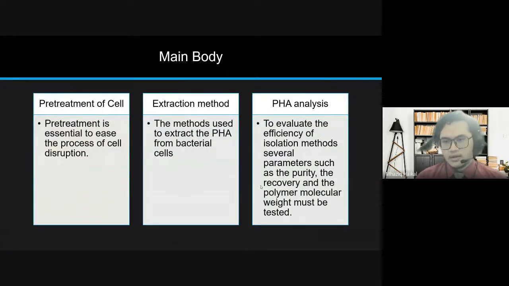Then there is the analysis of the PHA that we have extracted, which is required to evaluate the efficiency of isolation methods by several parameters, such as the purity of the polymer, the recovery of the polymer, and also the molecular weight of the polymer. It has to be tested.